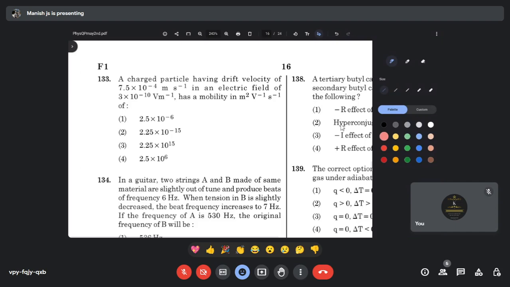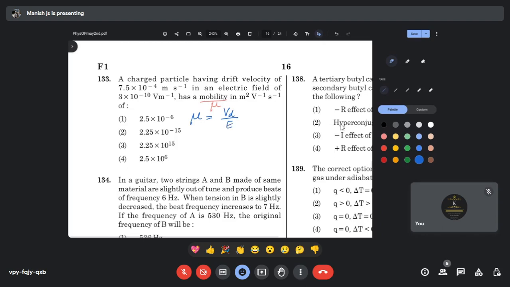Okay. So mobility has a direct relation with drift velocity. Mobility is given by the symbol mu. Electron mobility is nothing but the ratio of drift velocity and electric field.